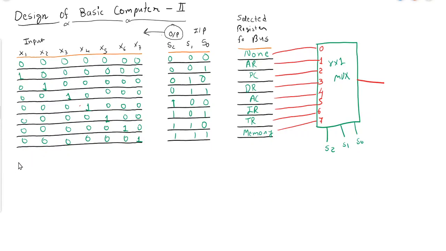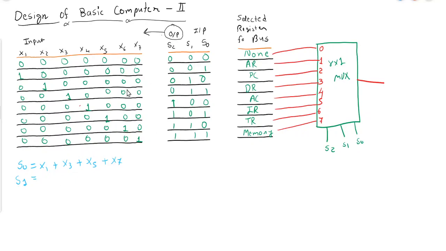First of all, let us write down the expression for each individual element. What will be the expression for S0? The expression for S0 will be x1 plus x3 plus x5 plus x7. Next, what will be the expression for S1?